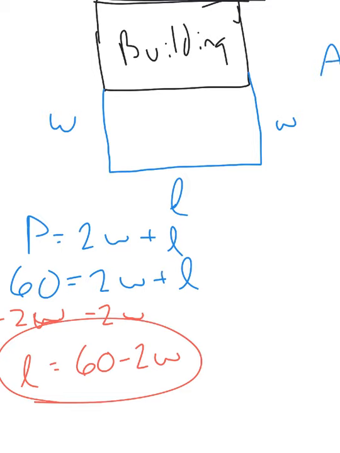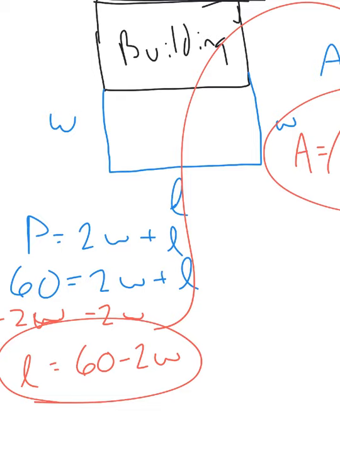The reason we're doing that is now I can substitute that in for L, and then I will have only W as my variable. So that would look something like that. Area equals, we're going to substitute for L that 60 minus 2W, and then times W. And this is what you can go ahead and enter into your graphing calculator.